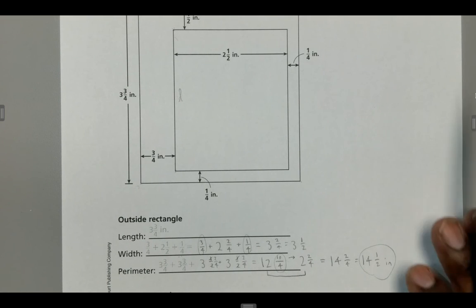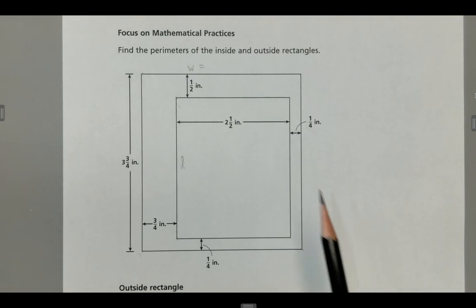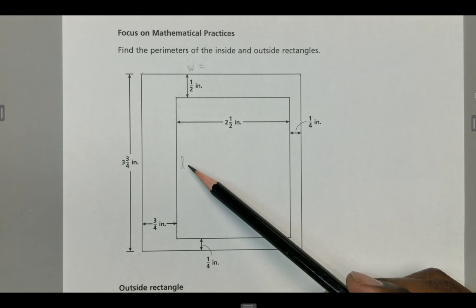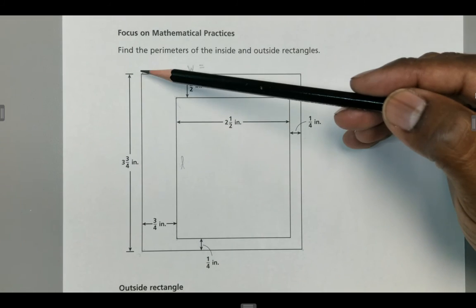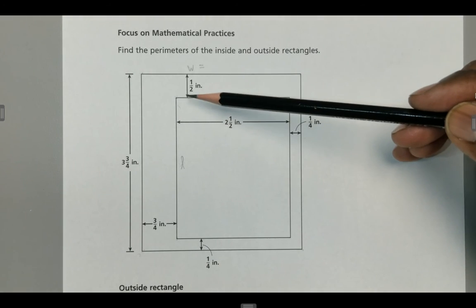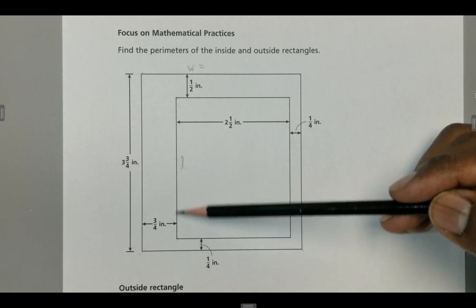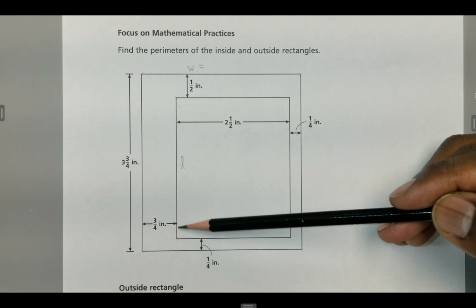Now, let's take a look at the inside rectangle. In this case, the width has been given to us, but we need to calculate the length. We're going to calculate the length by taking this larger measurement, point to point, 3 3/4, minus a 1/2, minus 1/4. What will be left over is going to be the length that we are needing to solve for.